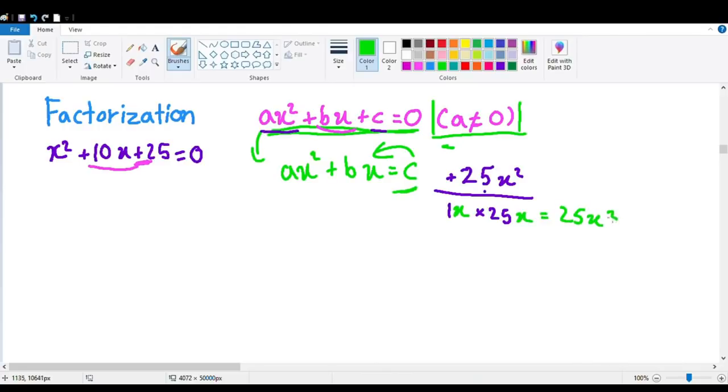And let's make more factors. The other only factor is 5 multiplied by 5. Of course we're going to add x to these two too, so it's going to be x and x, and then 25x squared. When you multiply them, we get the right result, because that's obvious.